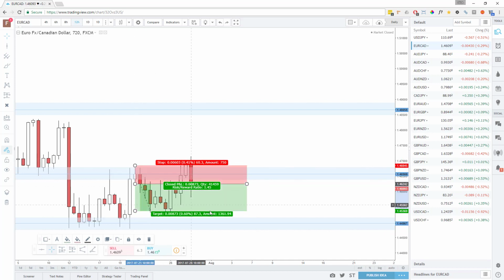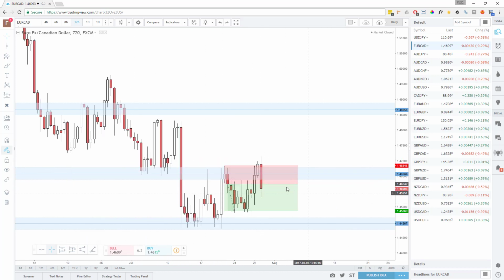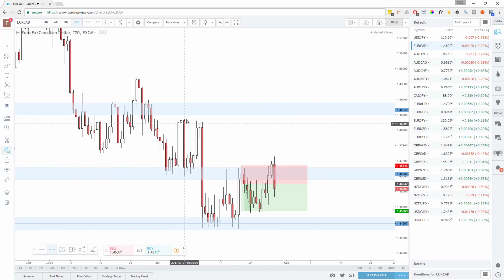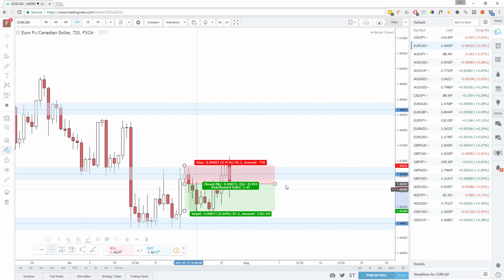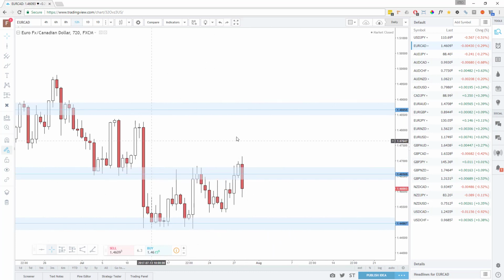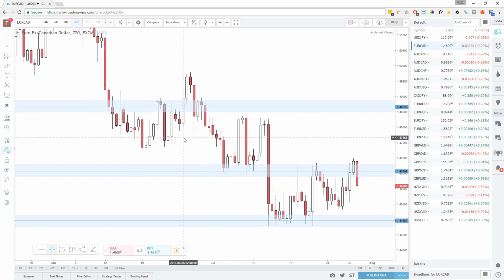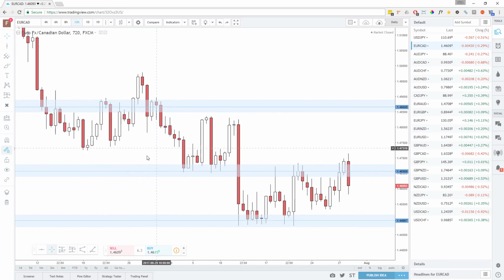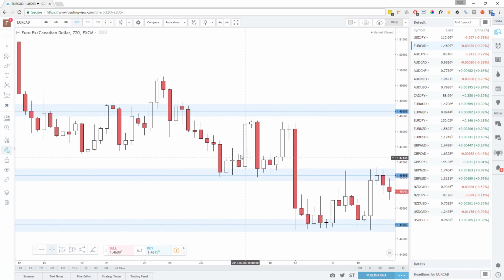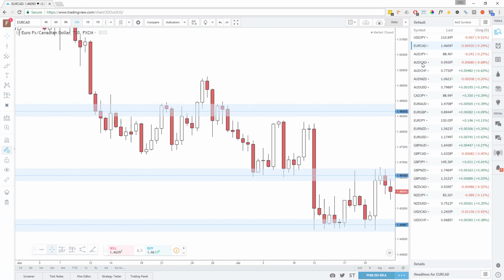Now, I didn't enter this one, but I just wanted to show you this one because it's a very similar thing. What you want to look for generally is indecision forming on top of the arrow, because the closer to the middle that indecision forms, the better, generally speaking, that the setup is going to be. So you want to look for indecision forming kind of on top of your support resistance areas.